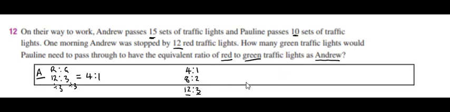Okay, so that tells me that because this ratio here is the same as this one here and this one here, then the number of green lights that Pauline passed through was equal to 2.